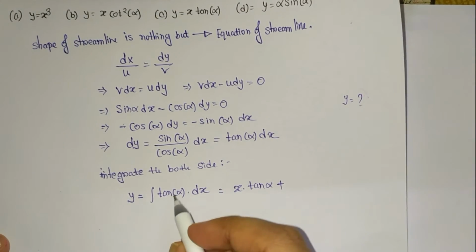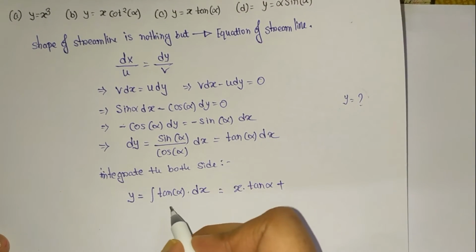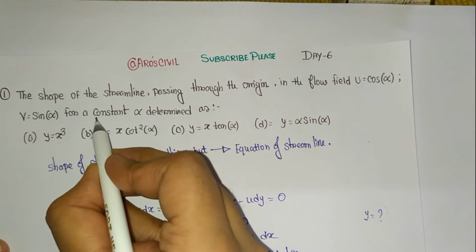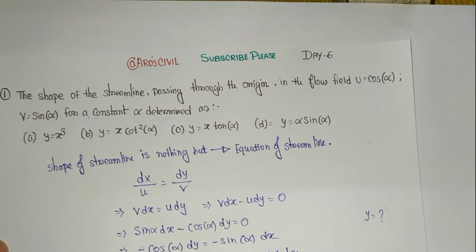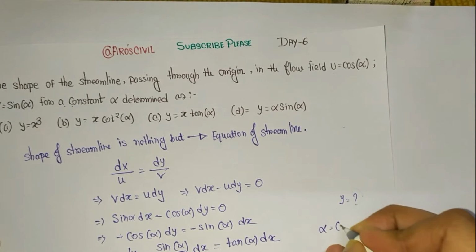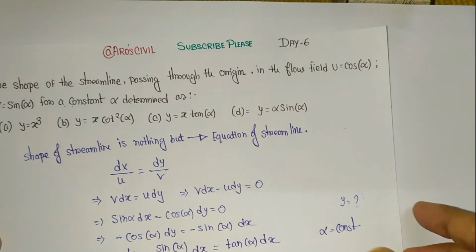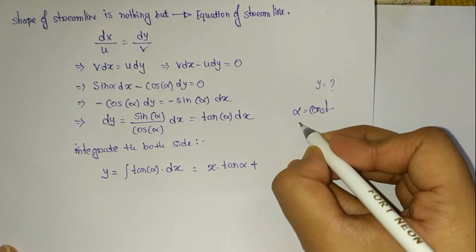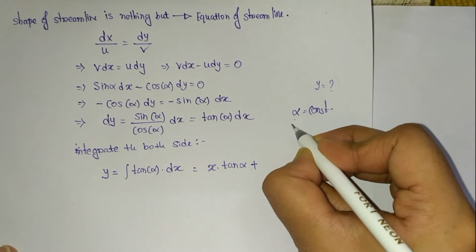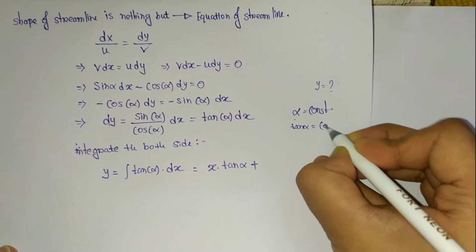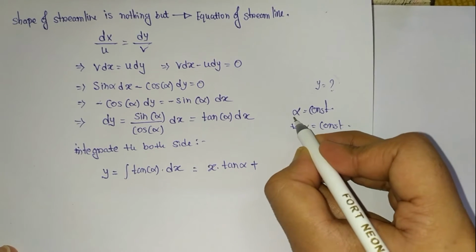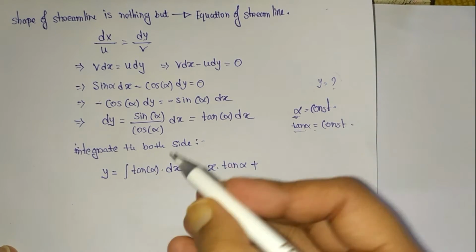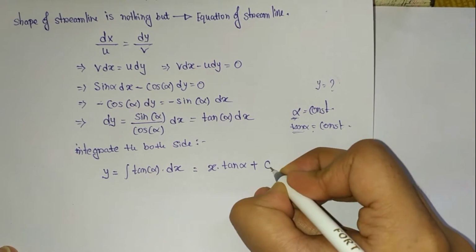Now in the integration, see, in the question it is clearly told that alpha is a constant value, like you can consider alpha is 45 degrees or 30 degrees. So for a constant alpha value, tan alpha will also be constant, so we can consider this term as a constant.